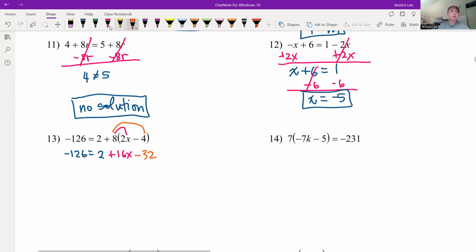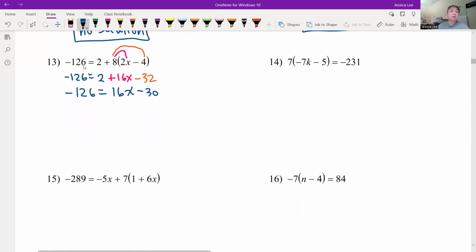I'm going to combine like terms to make things look a little nicer. So I have my 16x first. I always like to put my variable first and then my other numbers. 2 minus 32 is going to be minus 30. Now we're back to a two-step equation.